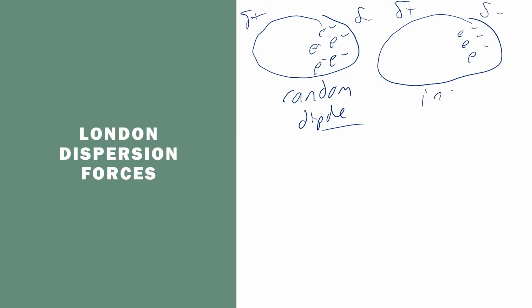This is what we call an induced dipole, because this one became polar, with opposite charged ends, because of the random dipole in a different molecule. Now we have a positive side and a negative side. That's forming a slight attraction, and that's called a dispersion force. So it's caused by the random motion of electrons causing these induced dipole forces. That's a London dispersion force.